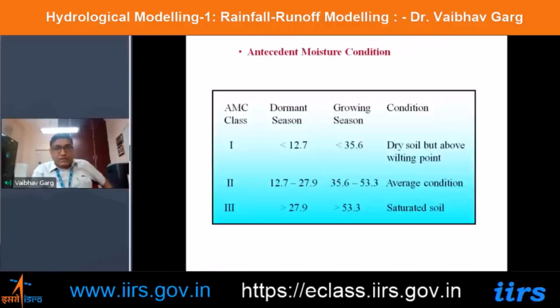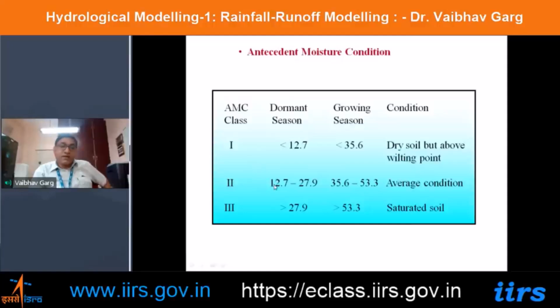So what is antecedent moisture condition? Antecedent moisture condition tells that if the cumulative previous 5-day rainfall is less than 12.7 mm in the dormant season, it belongs to antecedent moisture condition 1, and if it is less than 35.6 in the growing season, again it comes under AMC condition 1.